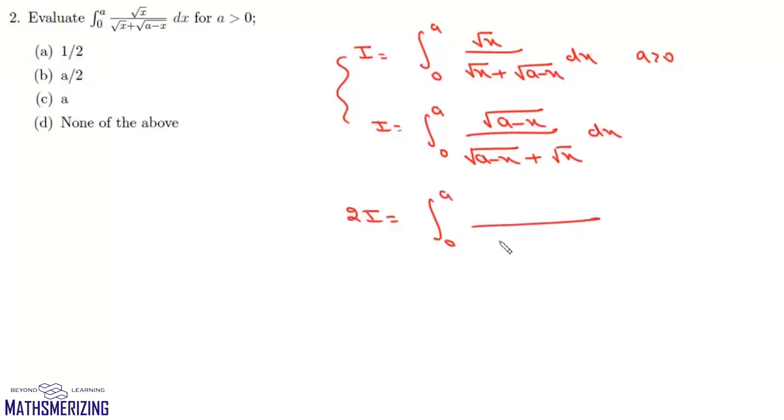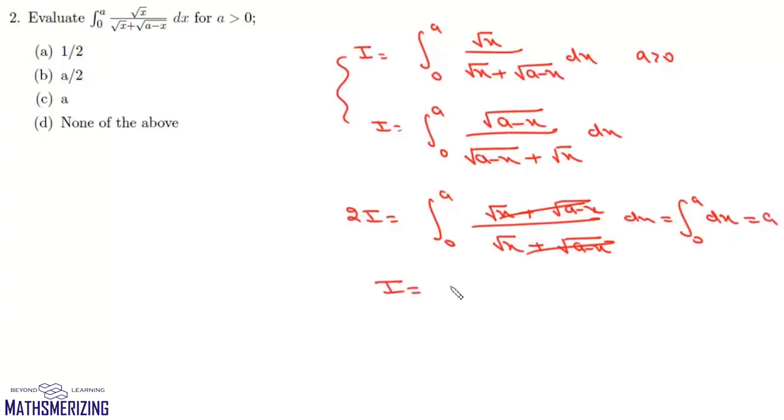Now the denominator is the same, so it'll be under root x plus under root of a minus x, and here it'll be under root x plus under root of a minus x, dx, which will cancel. So it is nothing but the integral from 0 to a of dx. Now the integral of dx is x and it'll be simply a. So the value of this integral is nothing but a by 2, and that's your option B.